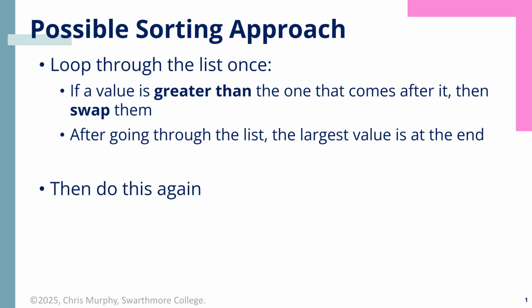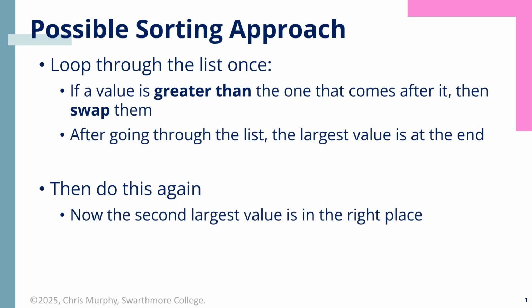Then I do this again, starting at the beginning, and if something is larger than the one that follows it, I'll swap them. Now the second largest value will be in the right place, because it wouldn't swap with the last one, which is the largest one. We would continue doing this until the list gets sorted.